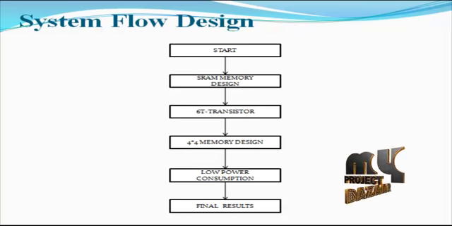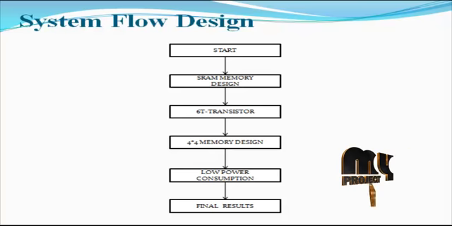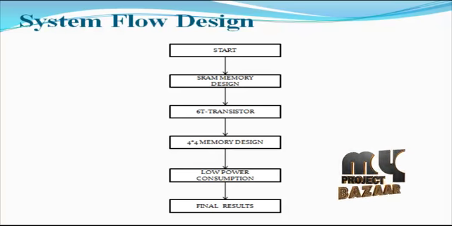Next we see the flow diagram for the product. This is our overall process for the memristor based SRAM design for 4x4 memory architecture designs. First we initialize the single bit SRAM memory cell design. This memory cell is used as a single bit storage device for the 6T transistor architecture design.